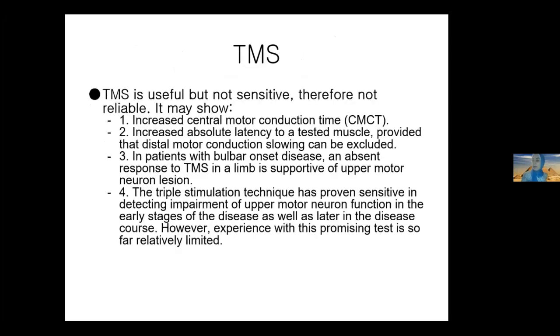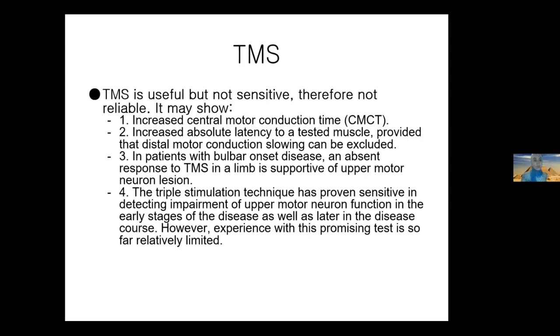How can I use neurophysiological testing to help with diagnosis of upper motor neuron lesions? Transcranial motor stimulation. What I expect to see is an increased central motor conduction time. If I stimulate at the periphery, at the roots, and then over the skull, there would be an increased central motor conduction time.